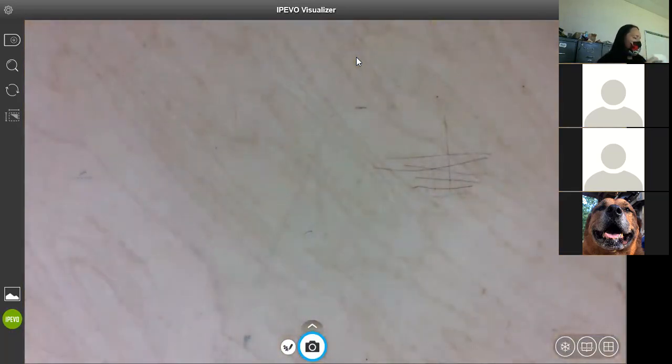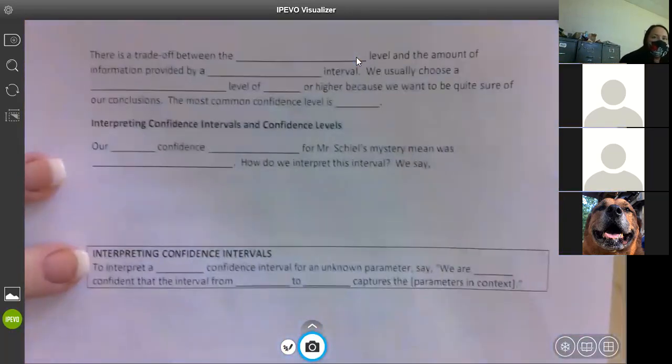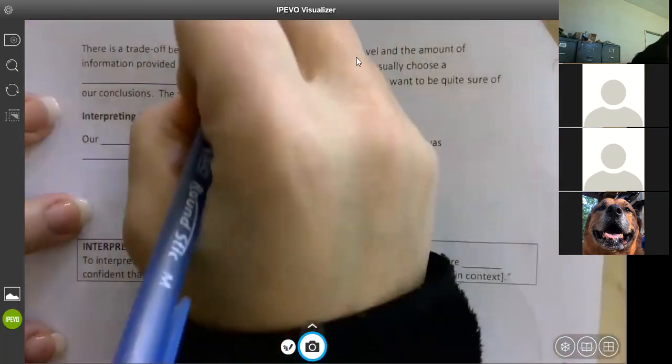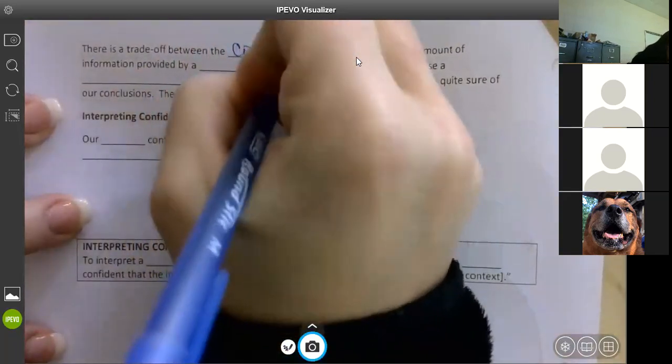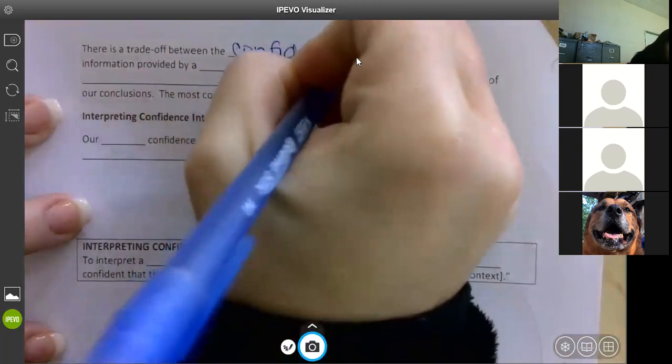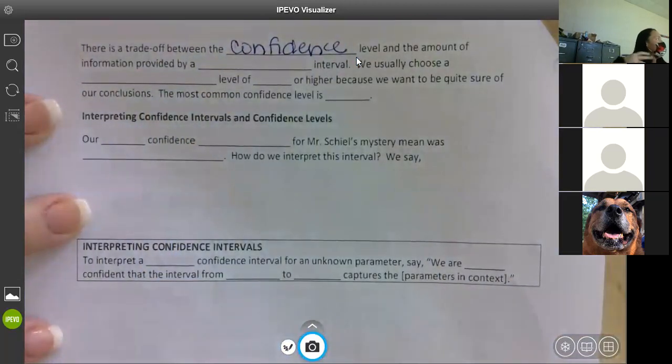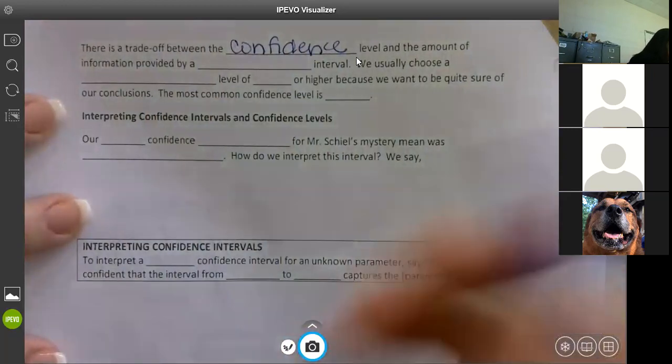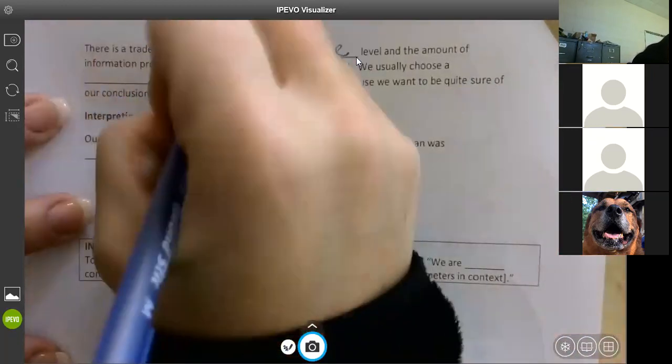So there's a trade-off between confidence level, so the 95%, it might be 98%, it might be 99%, and the amount of information provided by a confidence interval.